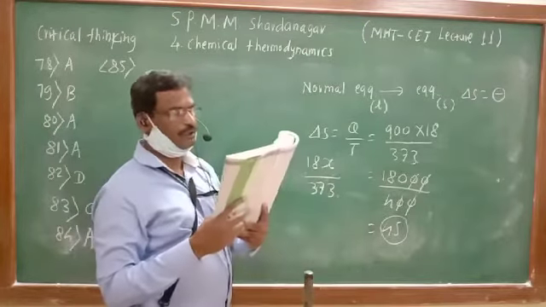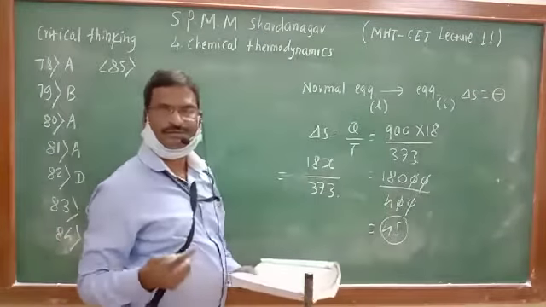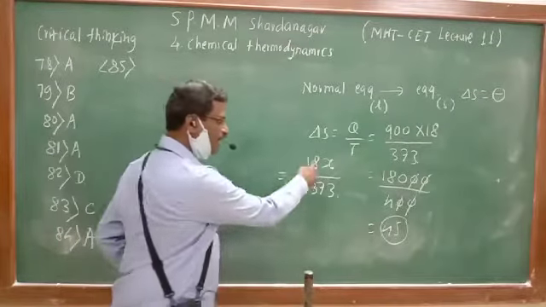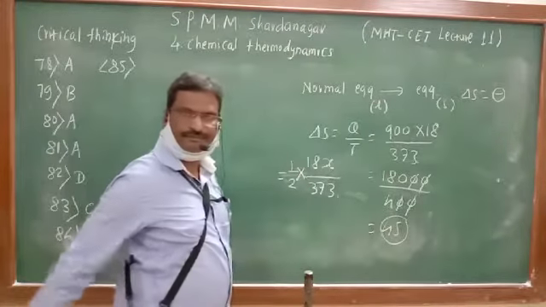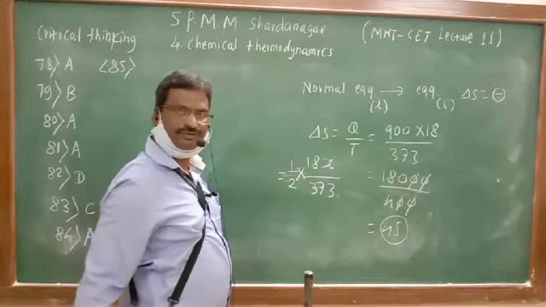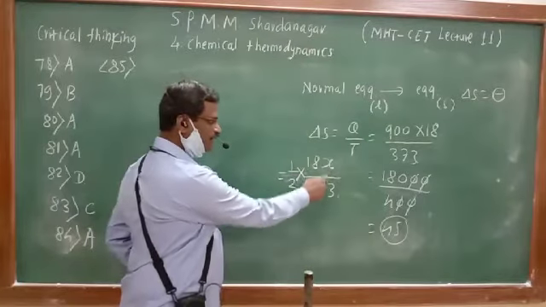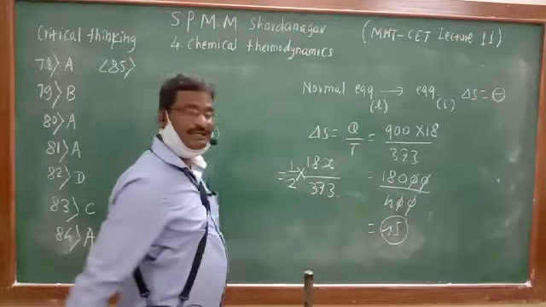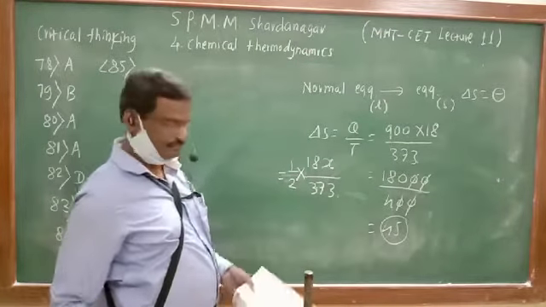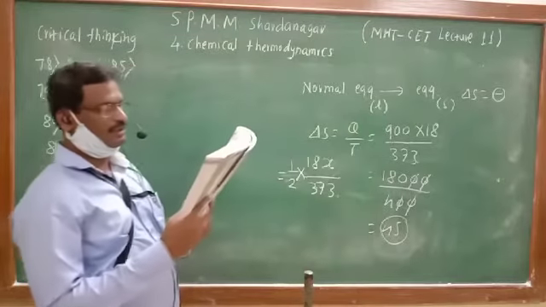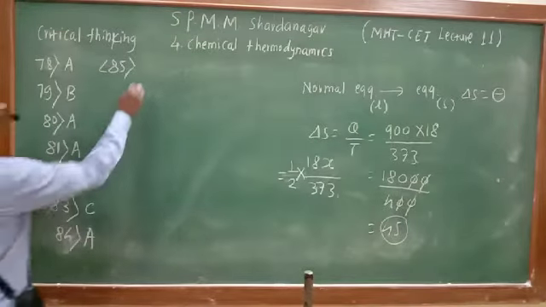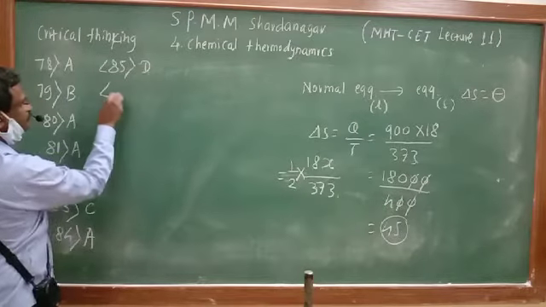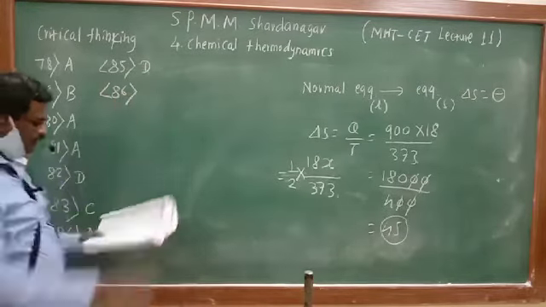And here they have given how many grams? 9 gram, means half of this. Therefore this is multiplied by half. Or the answer will be 9X divided by 373. In that format they have given option D. The last option is correct.